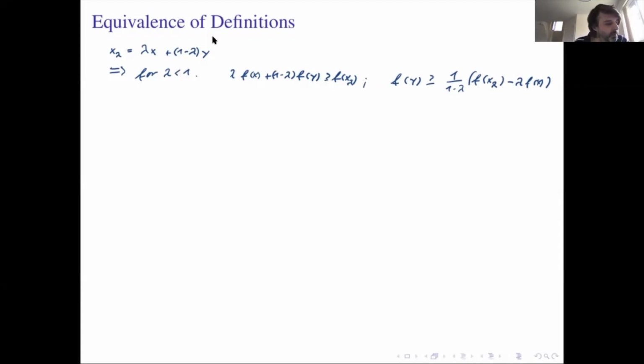And so this one here can also be rewritten as f of x. So sorry, I'm continuing on the left side, but I mean to extend the right end. So f x plus 1 over 1 minus lambda f x lambda minus f of x.